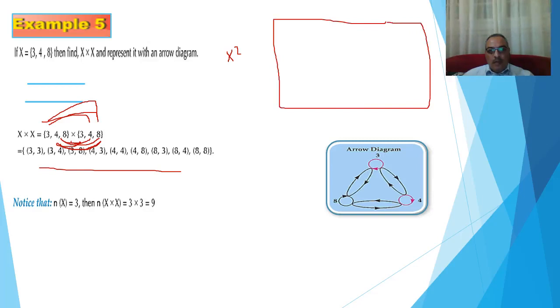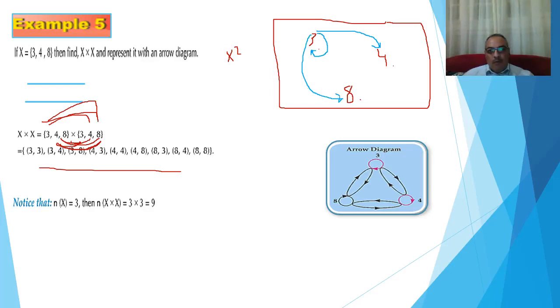Right here are the elements of x: 3, 4 and 8. The first ordered pair is 3, 3. Where is the arrow? From 3 to itself, a circle around itself. And 3 to 4 and 3 to 8.